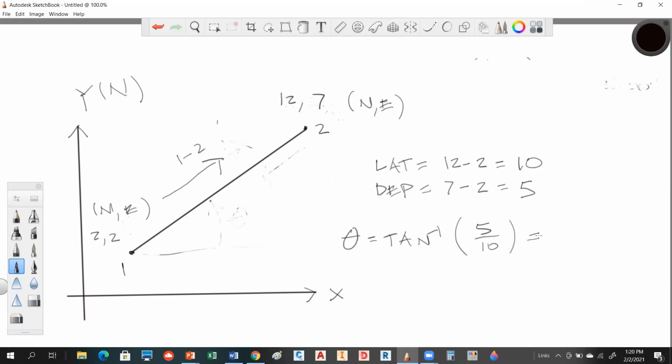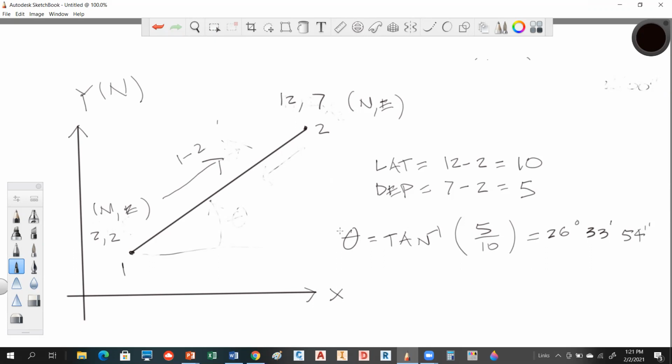So when you do that, you should get 26 degrees, 33 minutes, and 54 seconds.